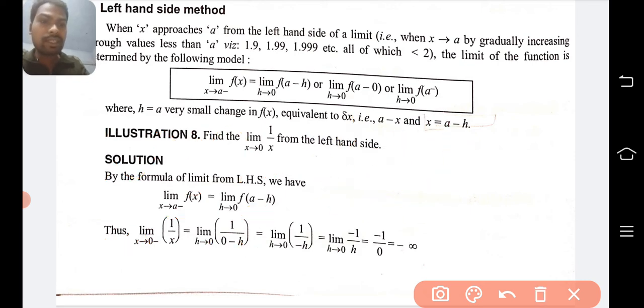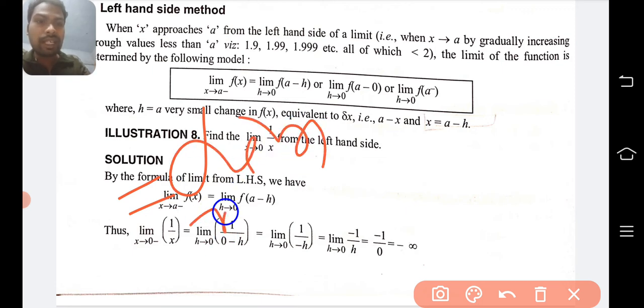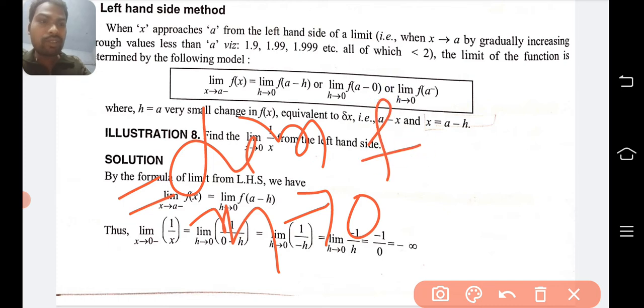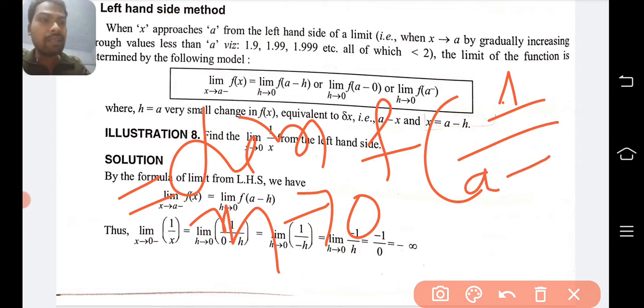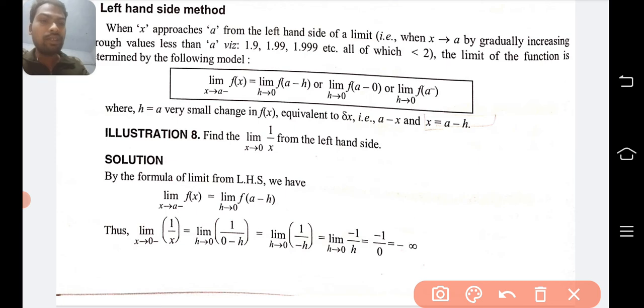Clear? Then this is equal to limit h tends to 0 of the function 1 divided by, in place of x, what do you have to put? You have to put a minus h. Clear? So now what will you get?